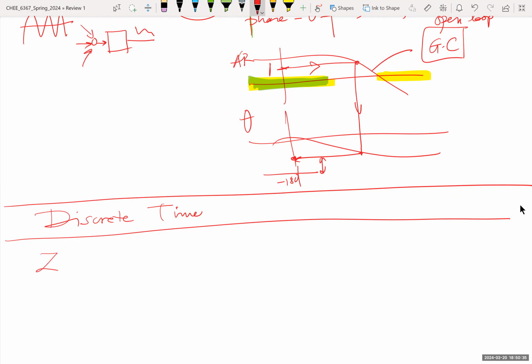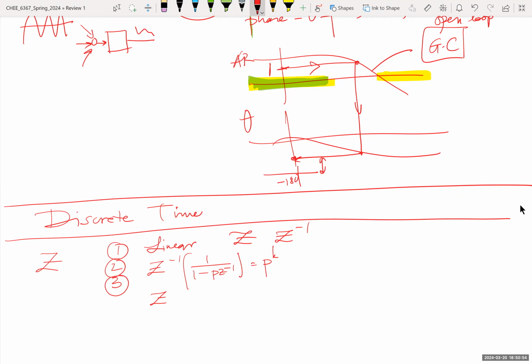The Z transform has three facts: 1, 2, 3. The first is about linearity, linear for Z and for Z inverse. The second is that the Z inverse of 1 over 1 minus P Z inverse is equal to P to the K. And finally, the Z transform of a shifted function, F of k plus k0, where k0 is plus 1, is Z times the transform of F of k, plus a term that has to do with the initial condition.